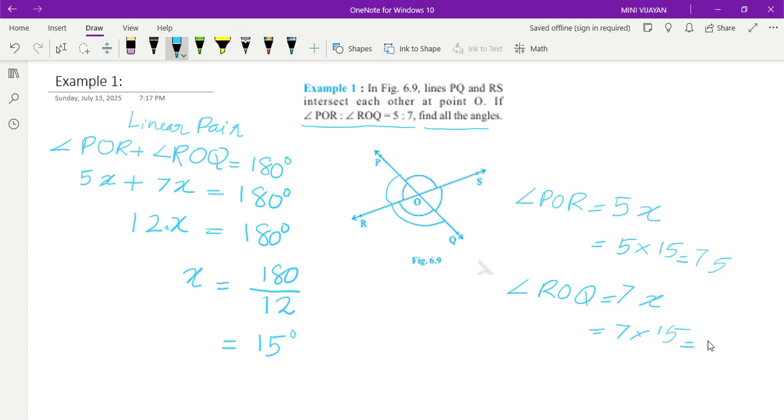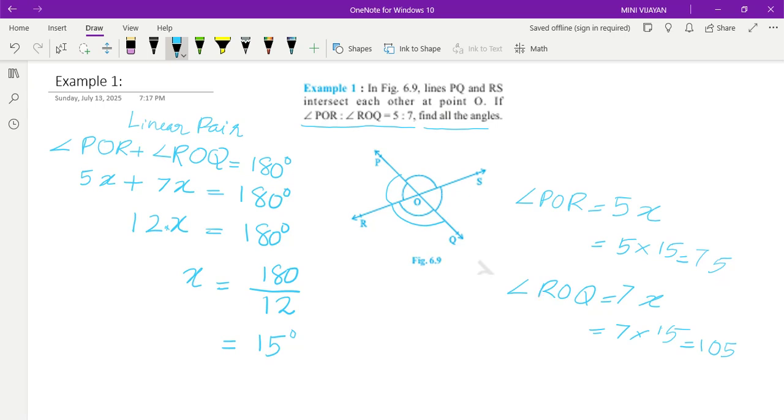Now we need to do a final check of these angles, to verify whether our answers are correct or not. When you add these two angles, are you getting 180? Because we have seen that POR and ROQ are a linear pair.